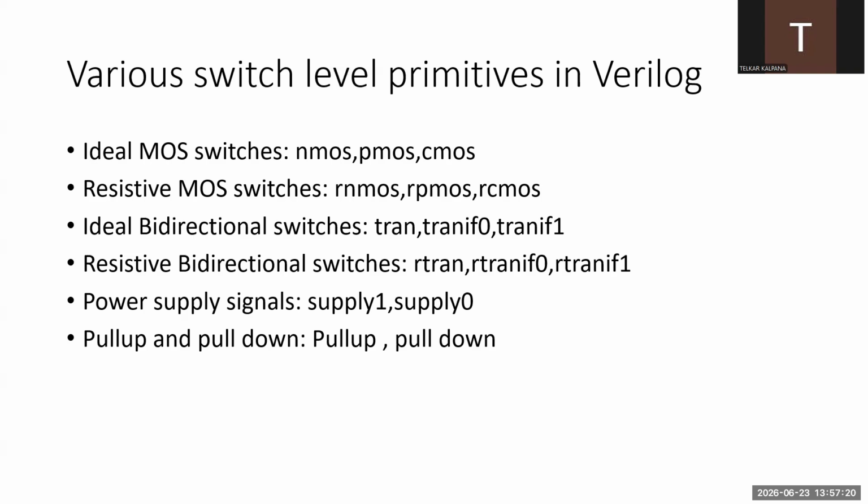And when we are going to see the circuitry, some of the transistors form the pull-up section and some of the transistors form the pull-down section. So directly, we can use the keywords pullup and pulldown for those transistors. So these are the certain switch level primitives that we are going to use in Verilog: the ideal MOS switches, resistive MOS switches, ideal bidirectional switches, resistive bidirectional switches.